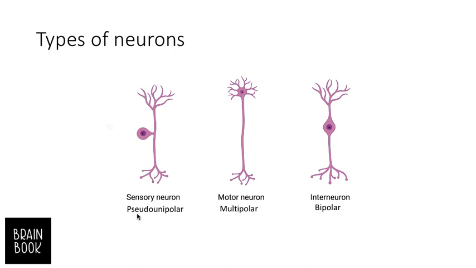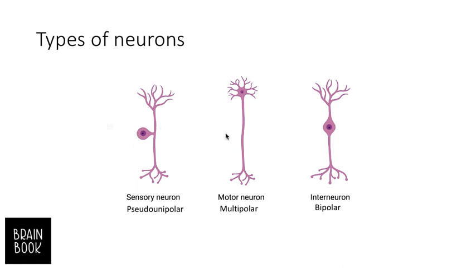And as you can see here, the sensory neuron is categorized as a pseudo-unipolar neuron. In the cell body, we have just one projection out from the cell body. For this reason, it is categorized as the unipolar type.